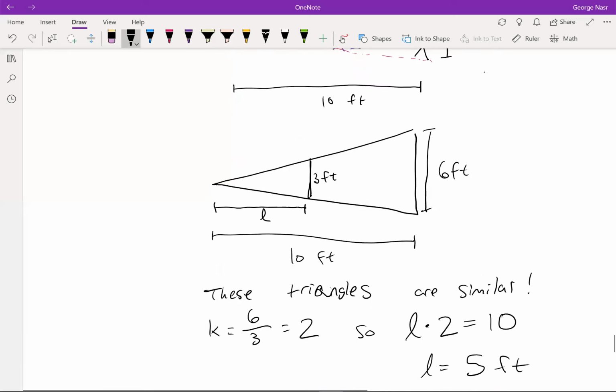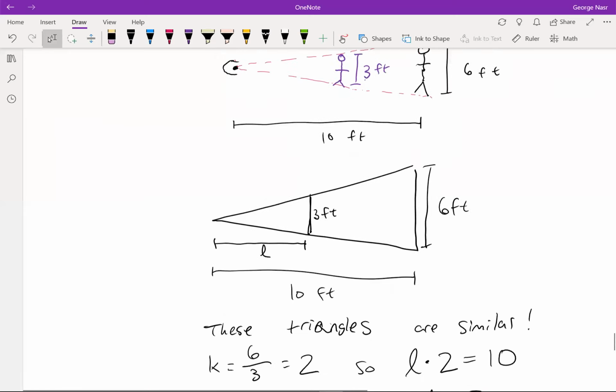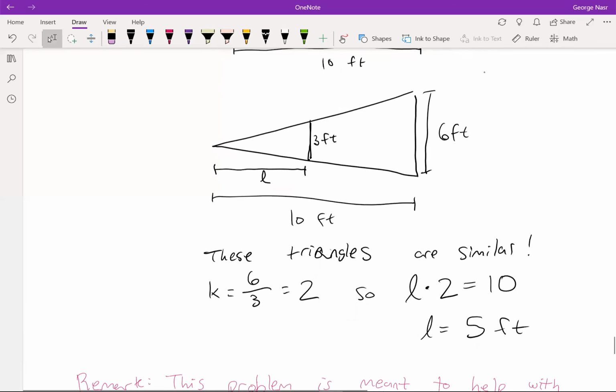So that 5 tells us how far away she is. I did that a little fast, but it's using the similar tools to the prior problem.